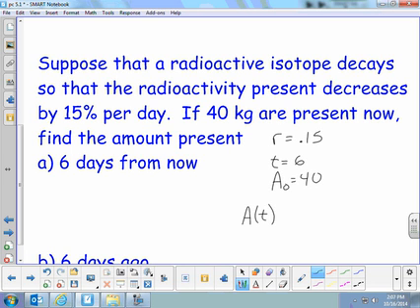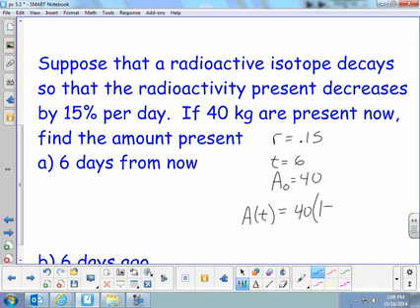I could also have put A of 6 equals 40, 1 plus, if this had been, oh wait, I almost made a mistake. That is decay. So if something is decaying, it's becoming less.